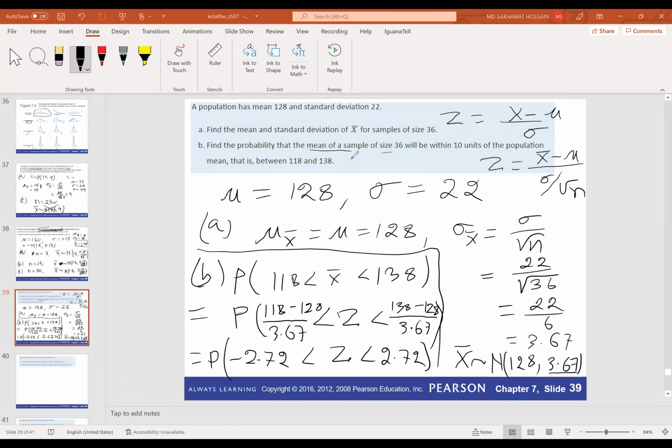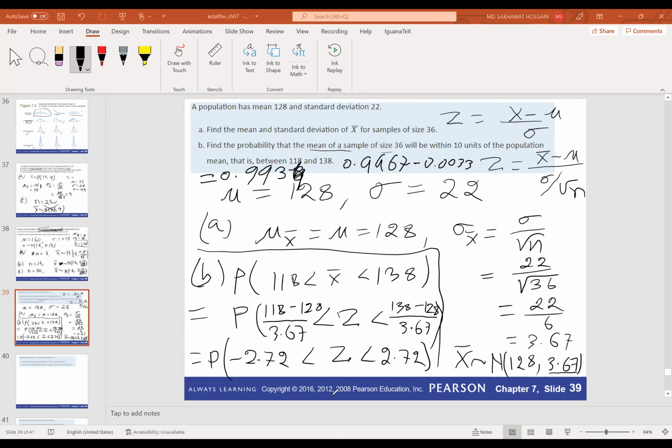We found 0.9967 minus 0.0033. If we take the difference of these two numbers, it will be 0.9934. Sorry, 99, not 38. It should be 34. So 0.9934.